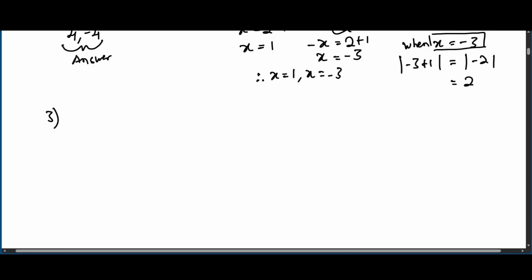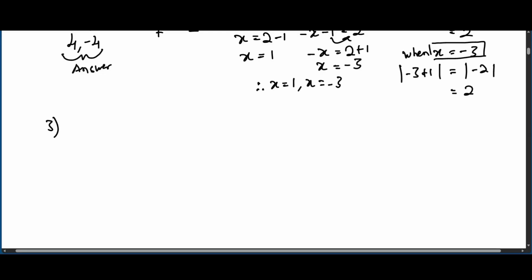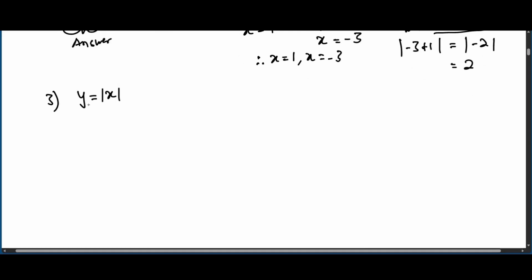Okay, first of all, let's think, what does an absolute value graph look like? So you should know the most basic absolute value graph would be y equals to absolute value x. So this graph will look like a V shape. So this is your x and y axis.